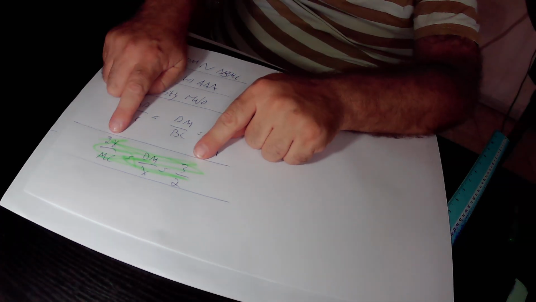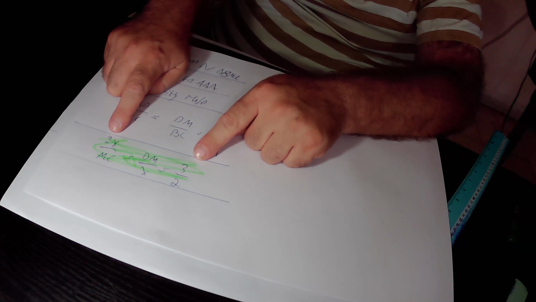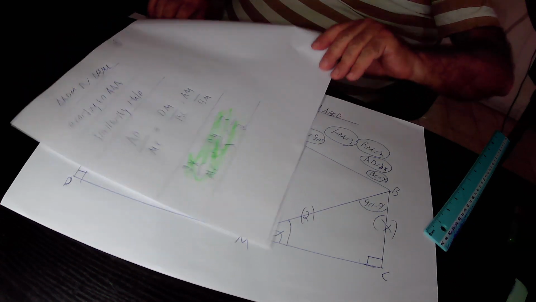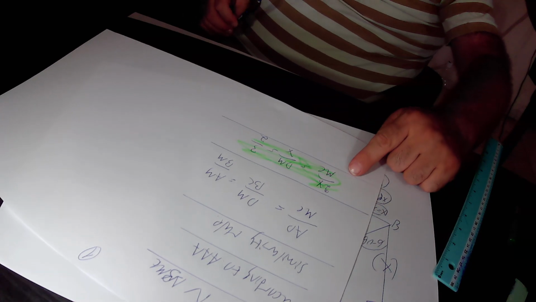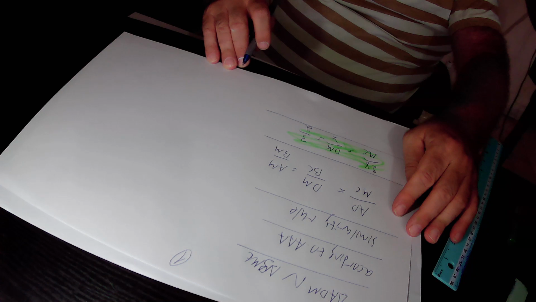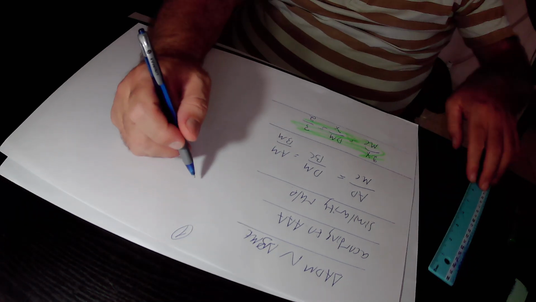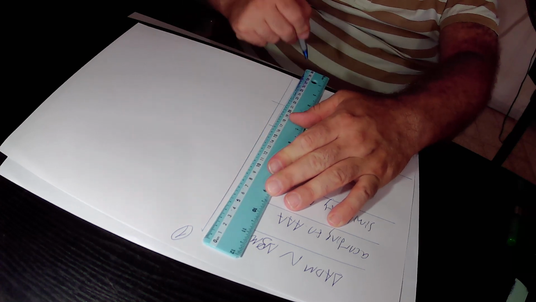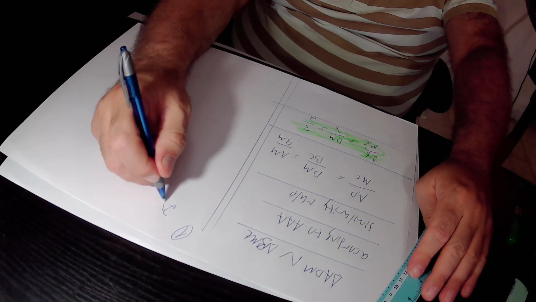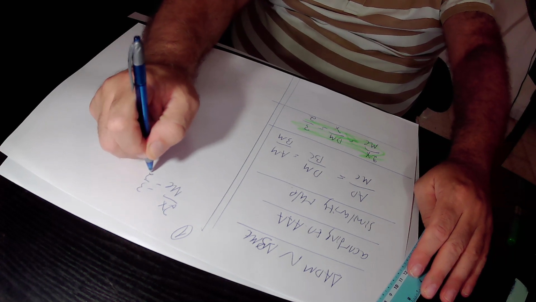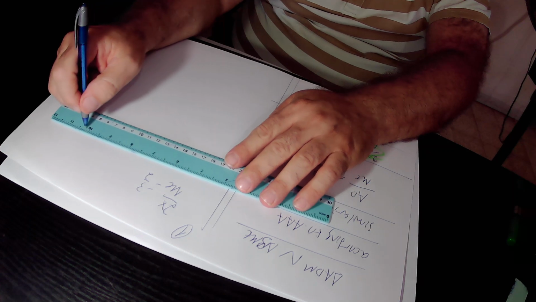Those two expressions are equal to each other, so we create equation 1 from them. According to equation 1, 2x over MC equals 3 halves.